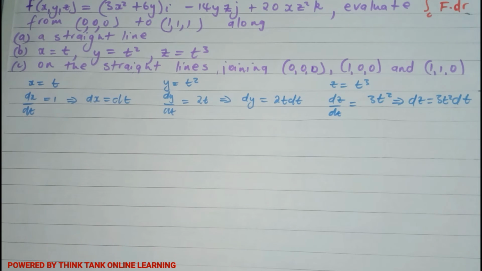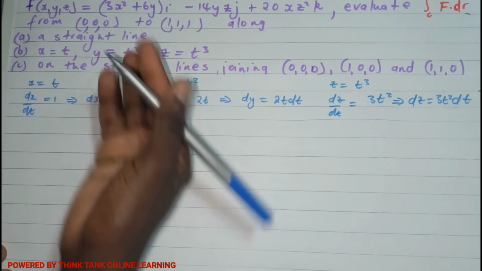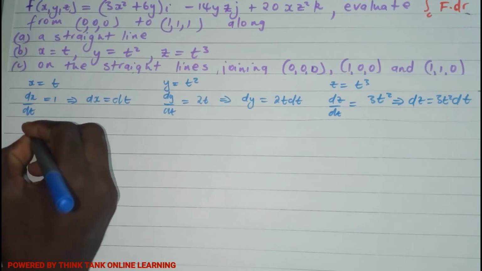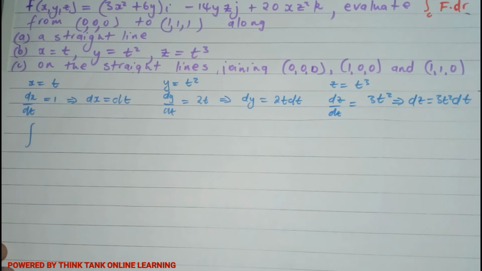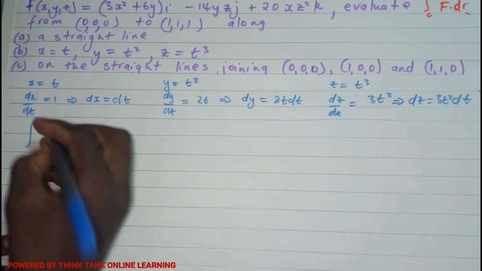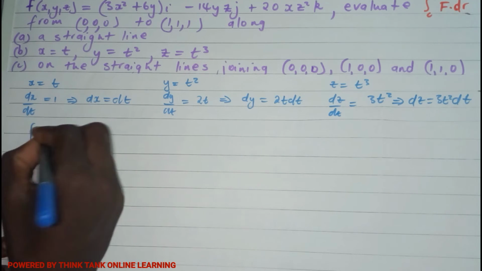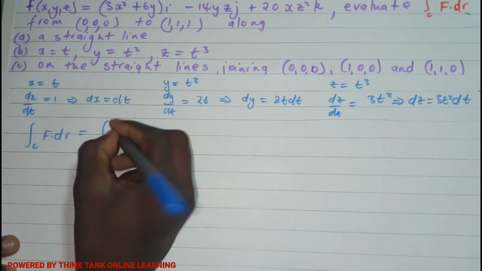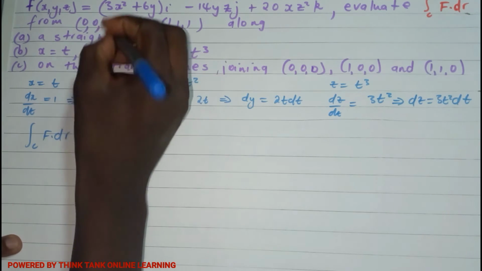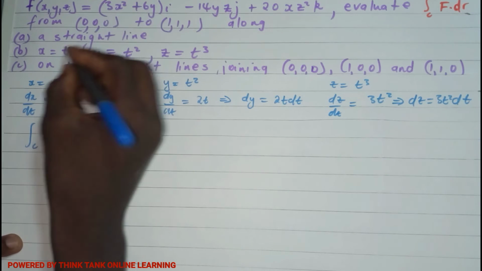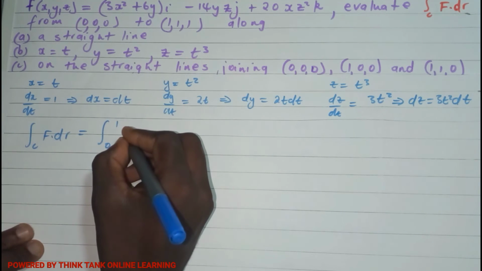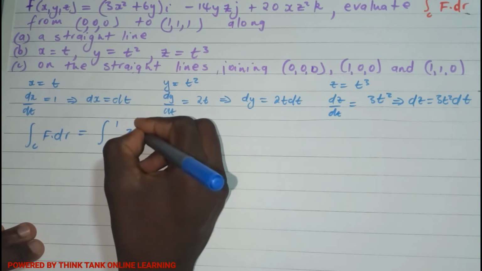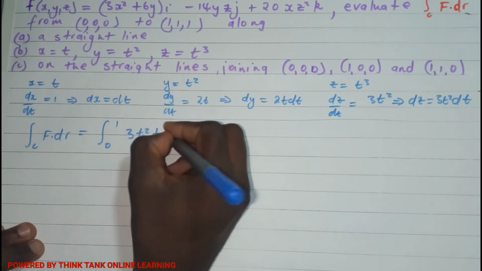Okay, so now we're using our vector field. And you have to know that this is not a closed path, we're not returning back. So we're going to say F(r(t)), the interval for t is 0 to 1. So we have 3x squared and x equals t, so we're going to have 3t squared plus 6y.